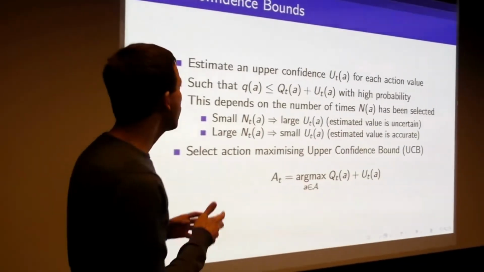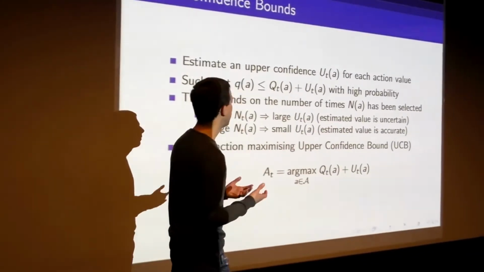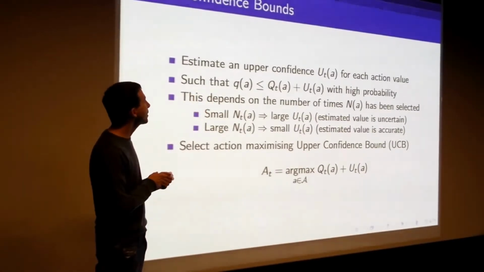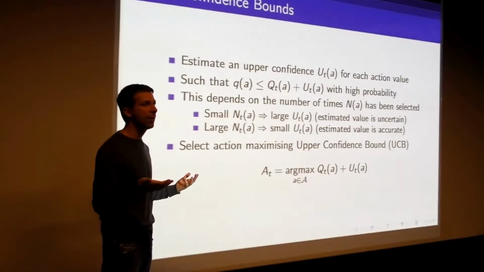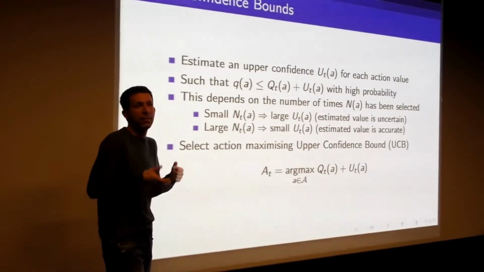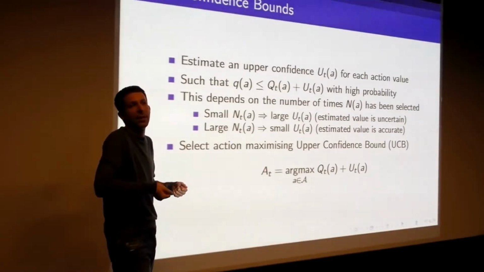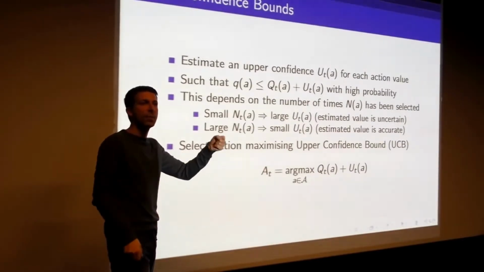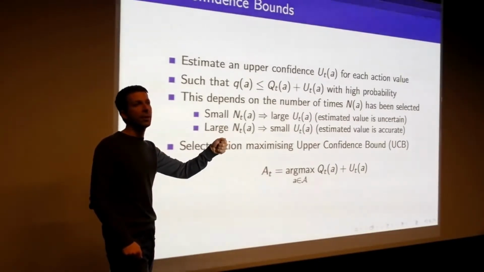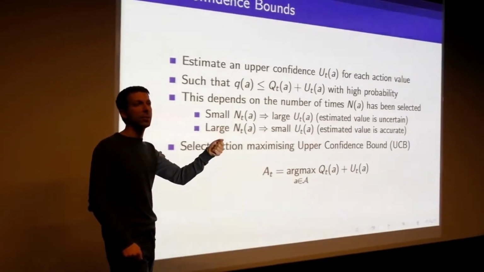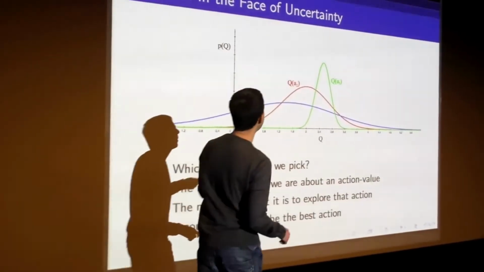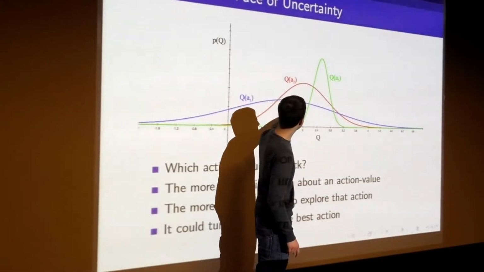Okay, and the general idea we're going to use is something called upper confidence bounds. So the idea is to say, let's come up with an upper confidence for each action value. So we're basically going to say, I'm not only going to estimate the mean, like the payout I've seen so far. Maybe I've seen 80% payout for this particular arm so far, but I'm going to estimate some upper confidence on what I think that could be. Think of this as the tail of that distribution we just looked at. So for each of these things, we're not only going to estimate its Q value, its mean.